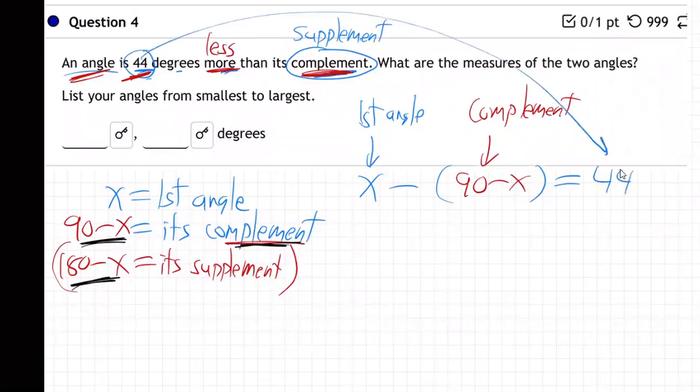Because that is how different they are. Does that make sense? Their subtraction has to equal 44. They are different by 44 degrees. The first one is 44 more than the second one. So if you take the first one minus the second one, that difference equals 44. All right, there's our equation. Now we solve that equation for x.